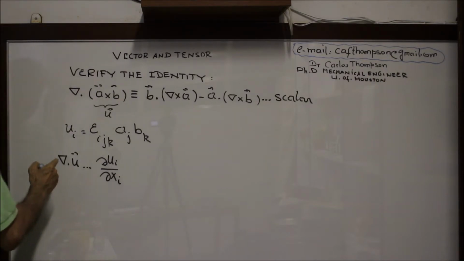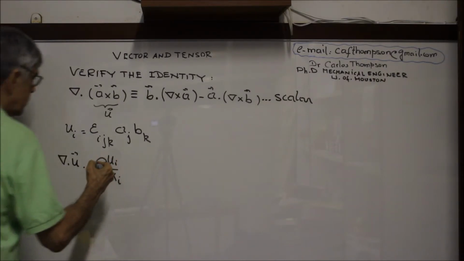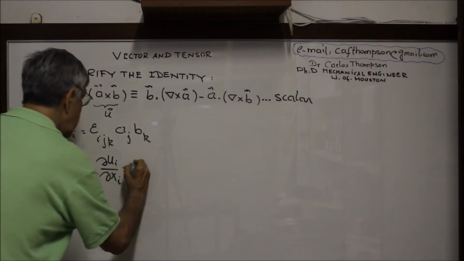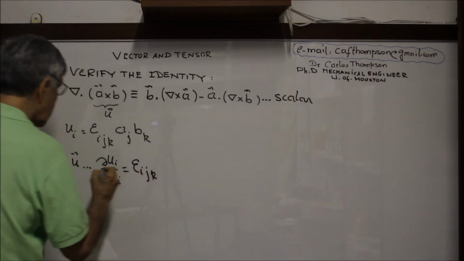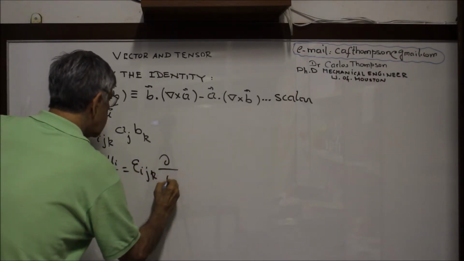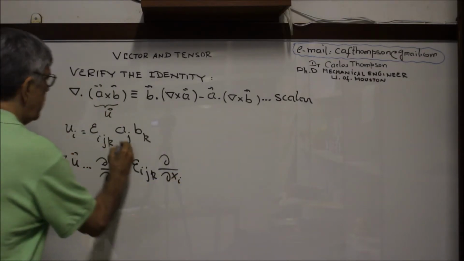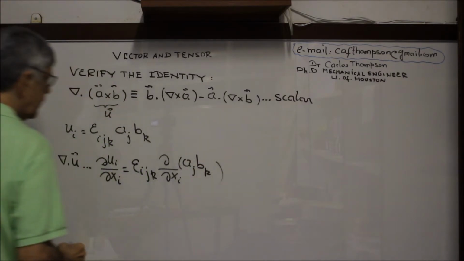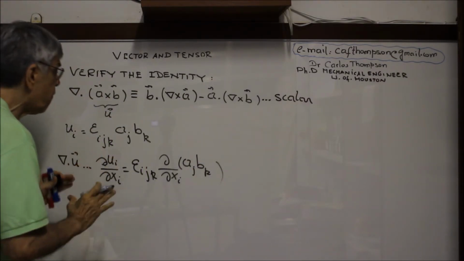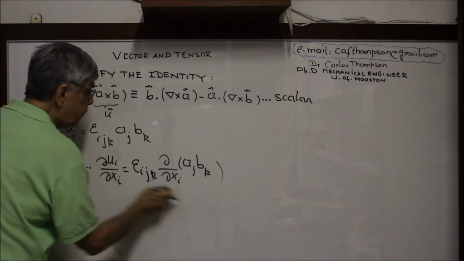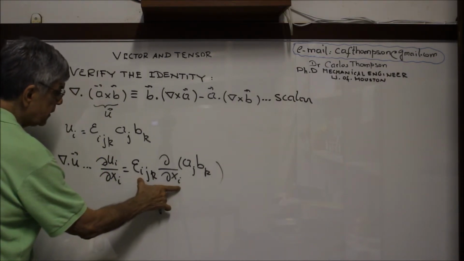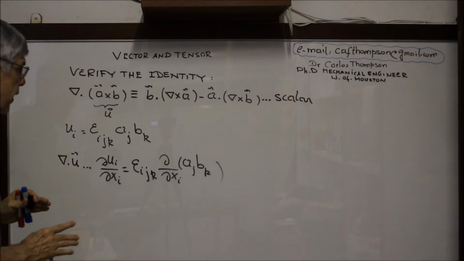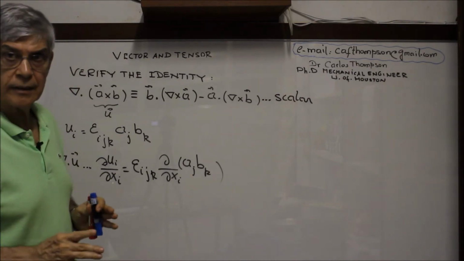I will plug UI in over here, and epsilon ijk is constant, since this is a partial derivative. Now, partial with respect to xi of AJ BK. As I said before, there is no free index here. I is dummy, J is dummy, and K is dummy.